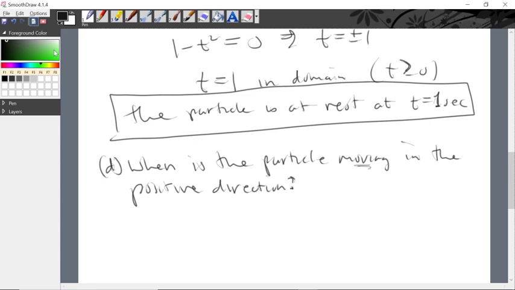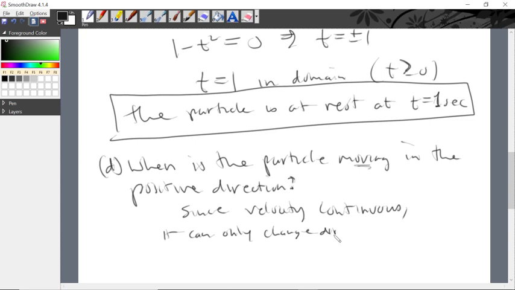Since the velocity function is continuous, it can only change direction by coming to a stop, by coming to rest first.